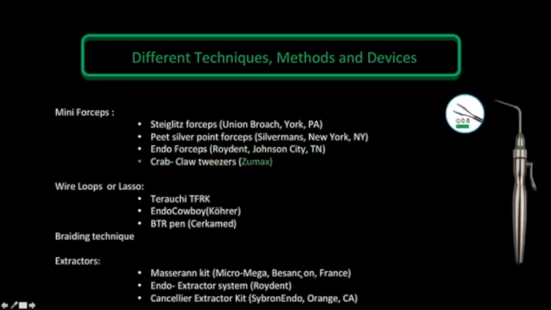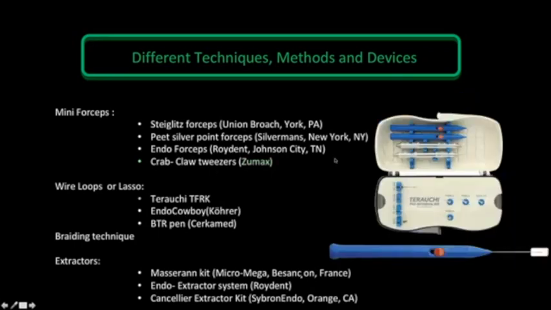The first three mini forceps are used mainly in the access cavity when we have a grabbing access to the broken file or instrument, and the grab claw tweezer is used more deeply into the canal orifice.